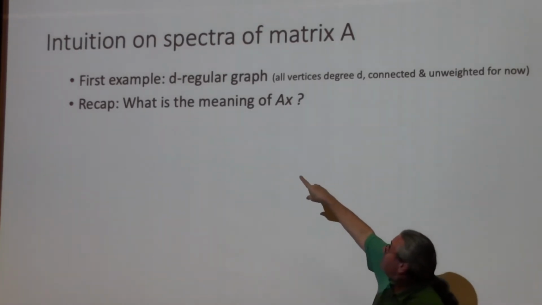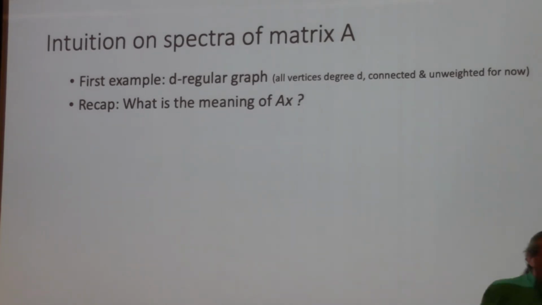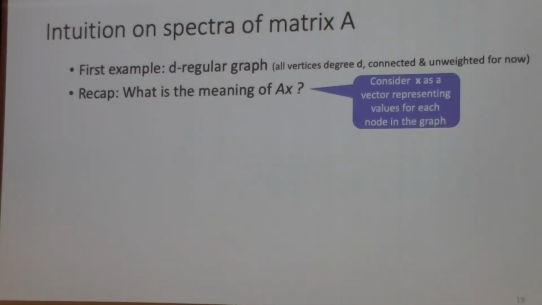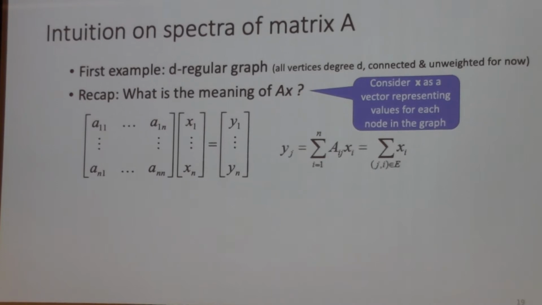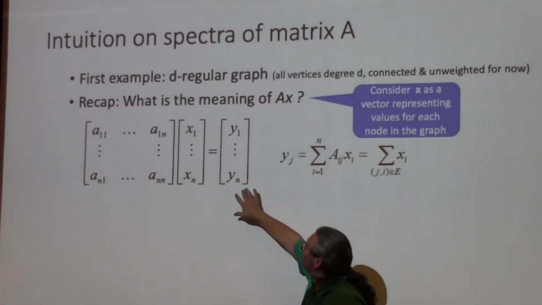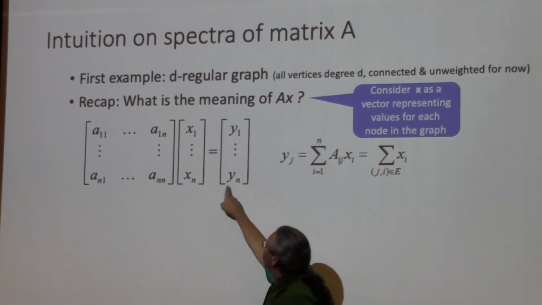Let's take a D-regular graph. D-regular, remember what it means? Each node has D edges. What is the meaning of A times X? X is a vector that has values for each node. Now this is the equation of how you multiply a matrix by a vector.